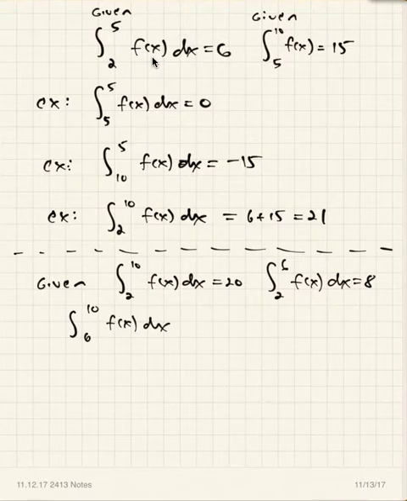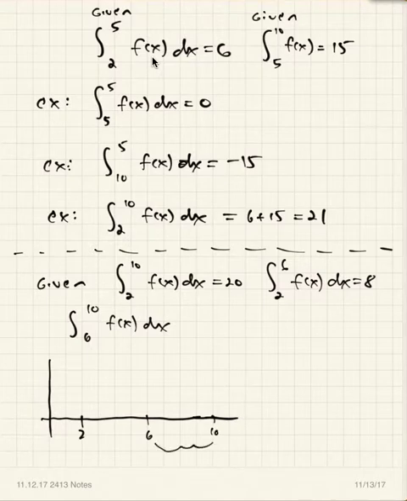If you're looking at this, you can piece some things together on a number line, or on the coordinate system. You have the integral from 2 to 10, 3, 4, 5, 6, 7, 8, 9. Here's 10 right here. Here's 2. So that's our first integral, from 2 to 10. And then the second integral is from 2 to 6, like this. And what are we looking for? We're looking for the integral from 6 to 10.